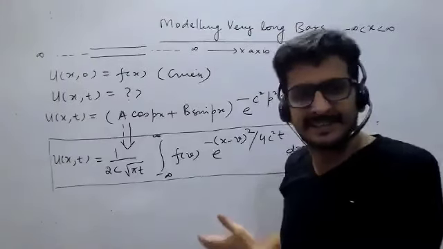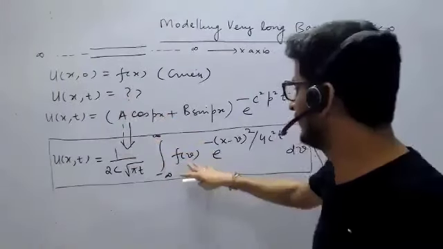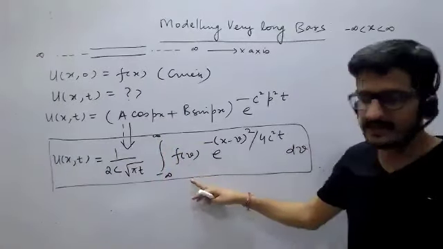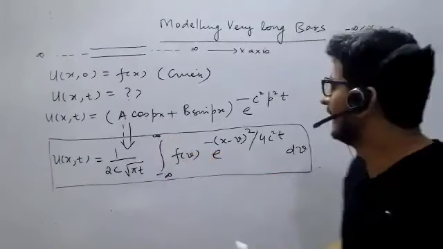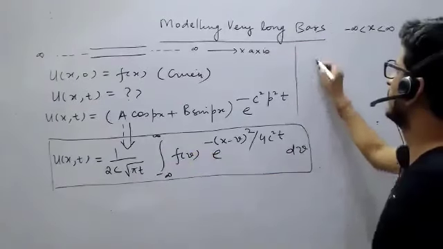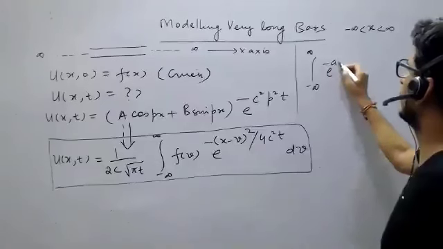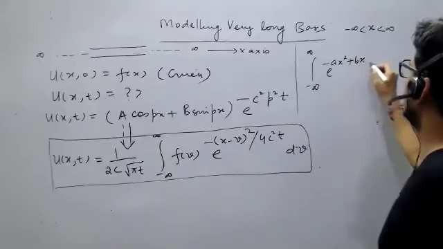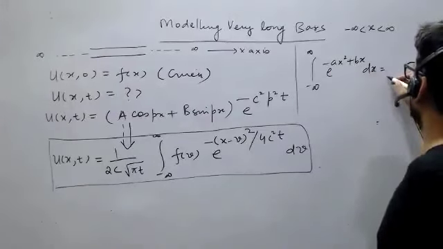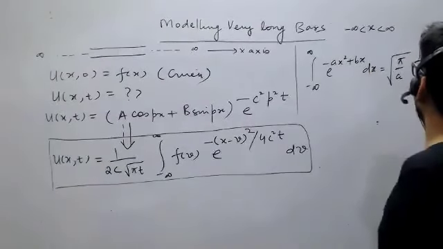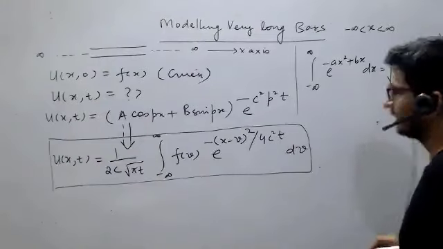Whatever is given in terms of f(x), we have to substitute and integrate. So the problem will be just how to integrate this, and I have already given you the integration from minus infinity to plus infinity of e to the power minus ax square plus bx dx equal to under root pi by a e to the power b square by 4a. Do you remember?